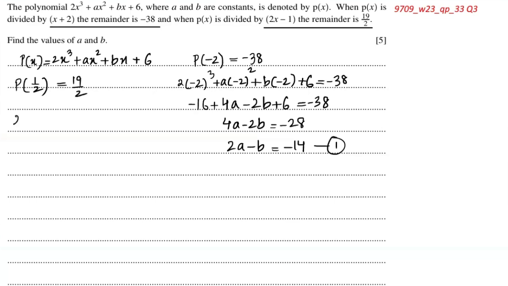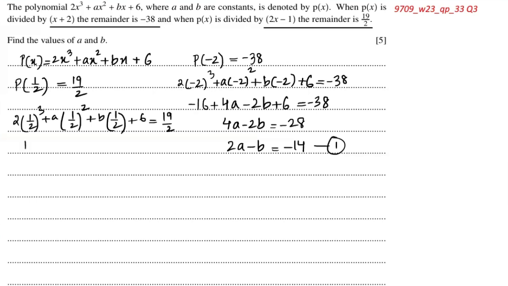Let's simplify this one. 2 times 1 over 2 cubed plus a times 1 over 2 squared plus b times 1 over 2 and plus 6. And remember, the remainder and factor theorems are only applicable if your divisor is a linear one, okay? Otherwise, sometimes you can go with synthetic division or maybe long division. But long division, I highly recommend as it is given directly in the syllabus.